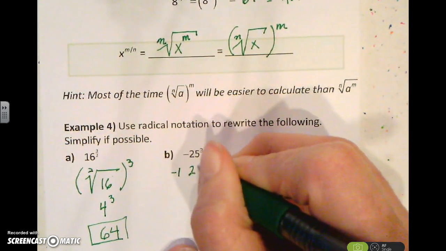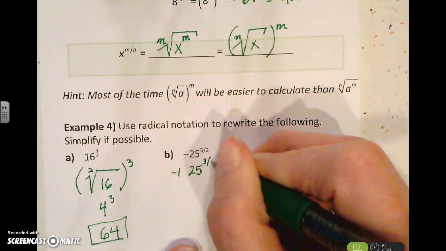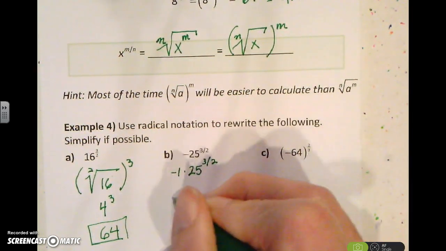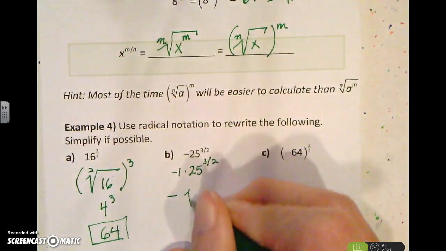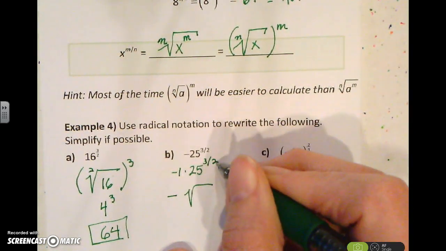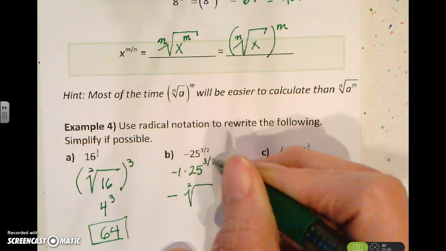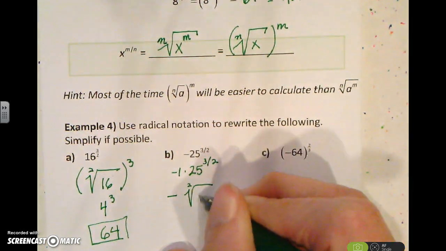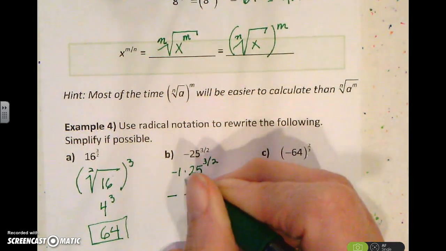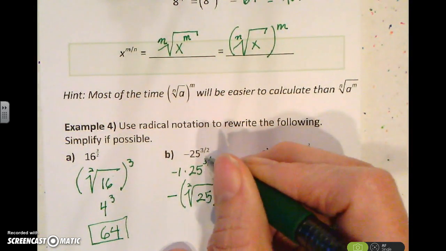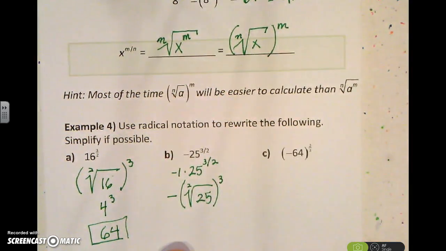All right, so B, again, we've got that little -1 out front, and then we've got the 25 to the 3/2 power. So then that's going to be a negative. And then here, the index is going to be a 2 because the denominator's a 2. And we're going to have the 25. Then we're going to take the whole thing, and the numerator is going to go on the outside like this.